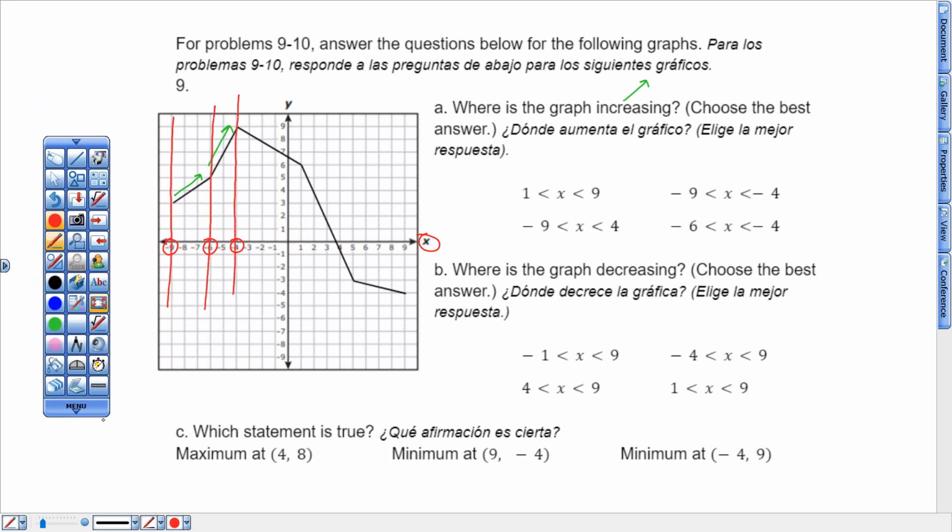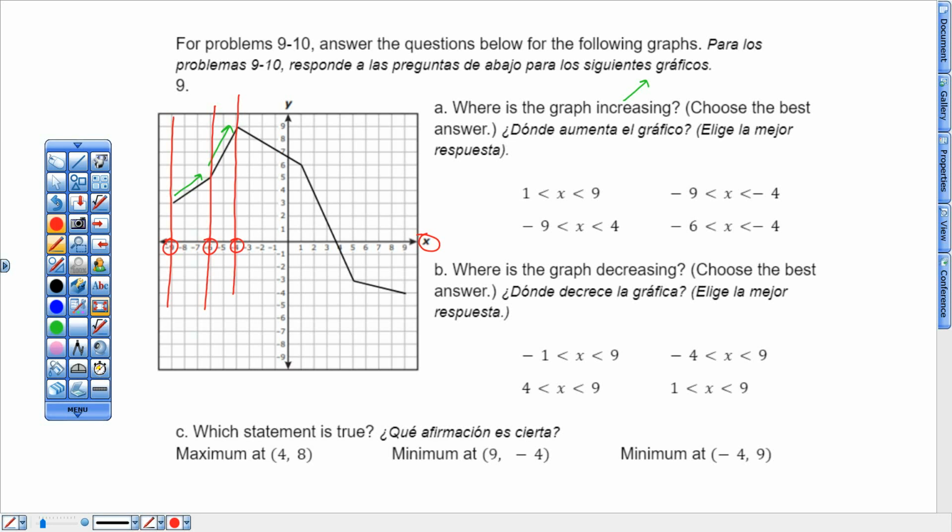So if I'm looking at my choices, first one says from 1 to 9. That's from here to here, and I can see it's not going uphill between those 2 points, so that one's no good. Between negative 9 and all the way over to 4, I could say no, because at this stretch it's going downhill, so that one is no good.